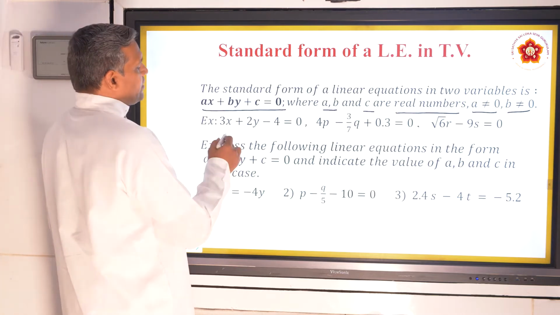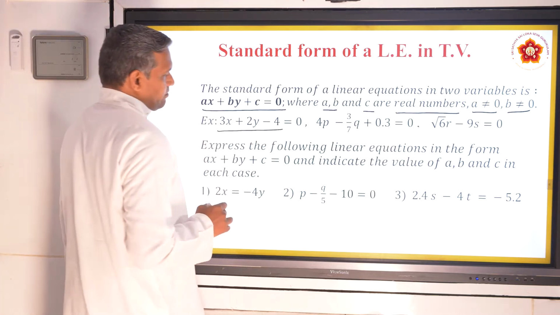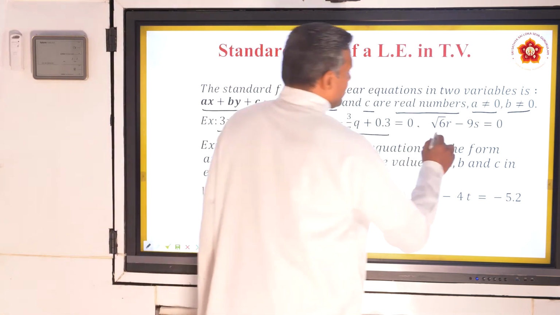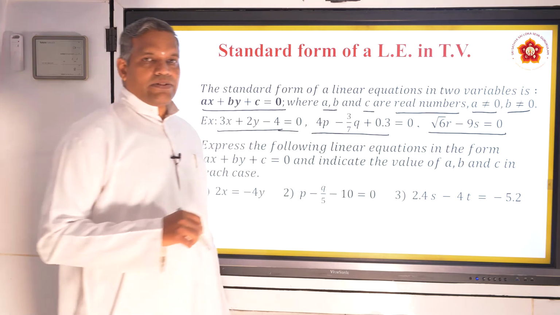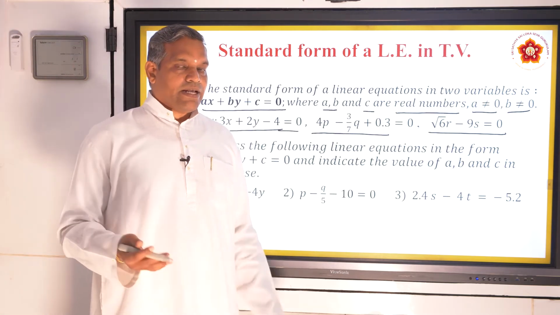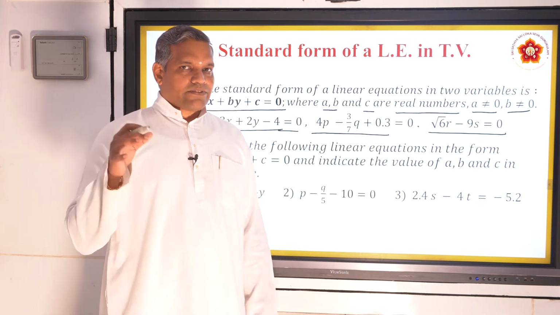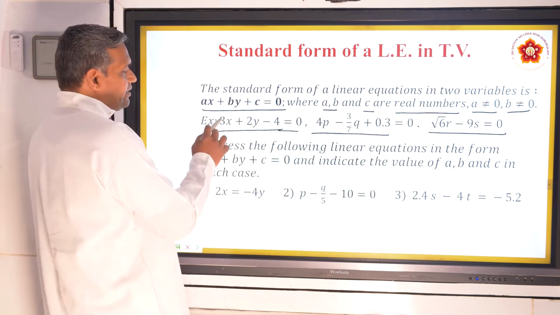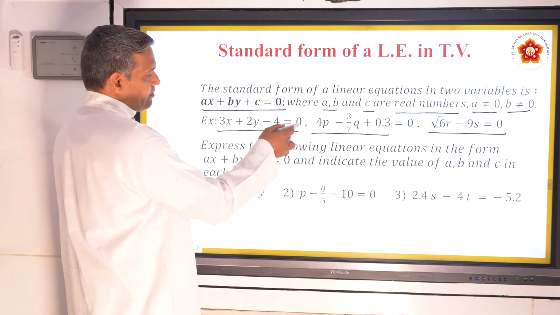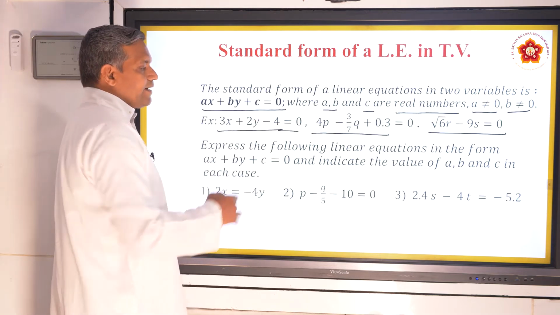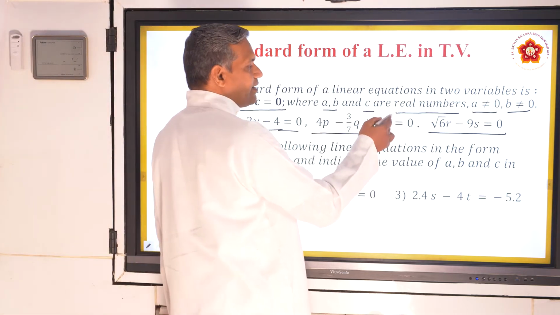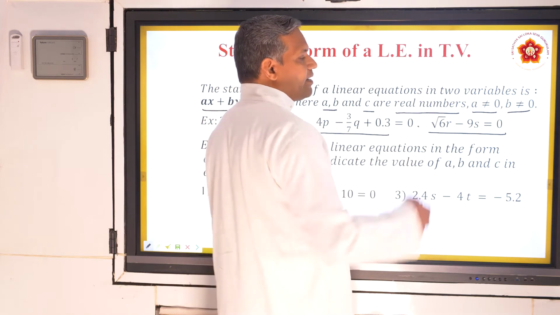These conditions should also be satisfied before you call it a linear equation in two variables. Here examples are given. 3x plus 2y minus 4 equals 0 is one equation, and here is another equation, and another. See the smartness of the selection of these equations. Here I have taken normal positive values, 0 also as a whole number, negative numbers that is integers, a fraction, a decimal, and an irrational.